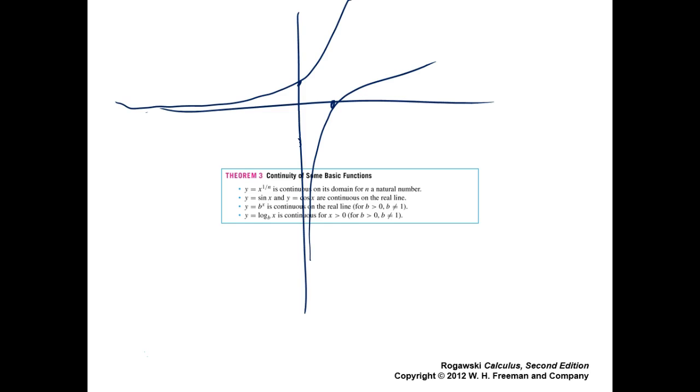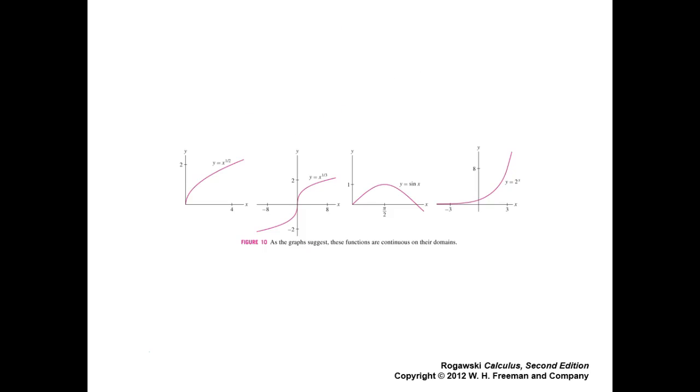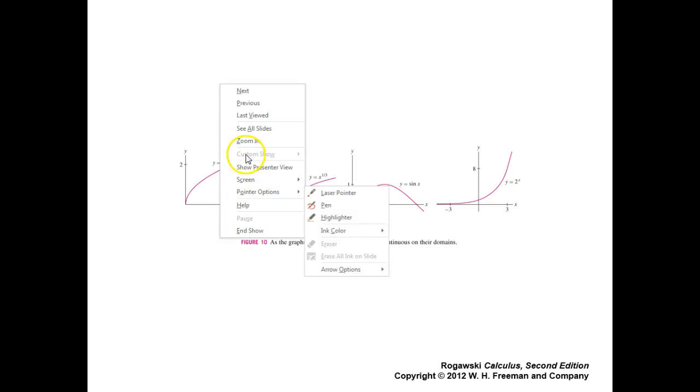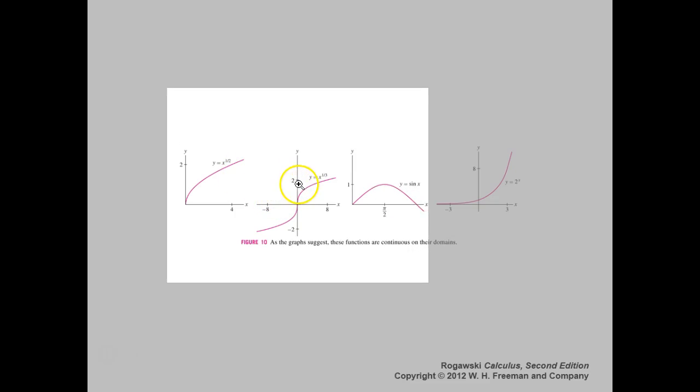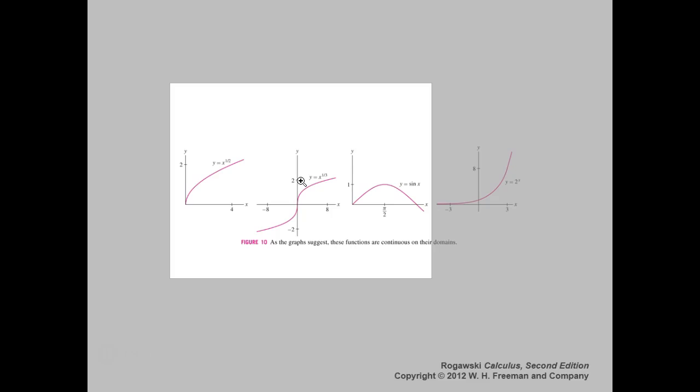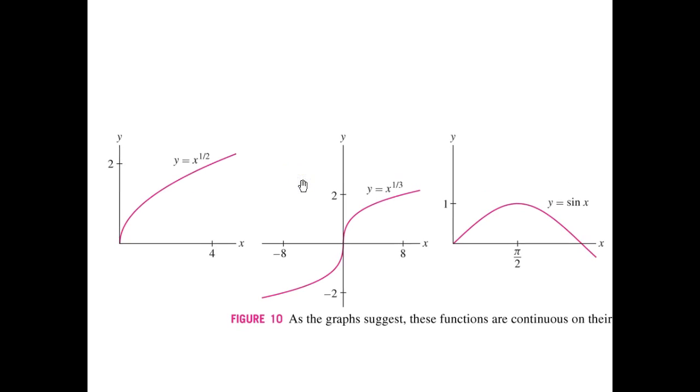However, let's take a look at some of those. Your root functions basically look like the first one. Square root of x, the fourth root of x would just be steeper here and flatten out more there.